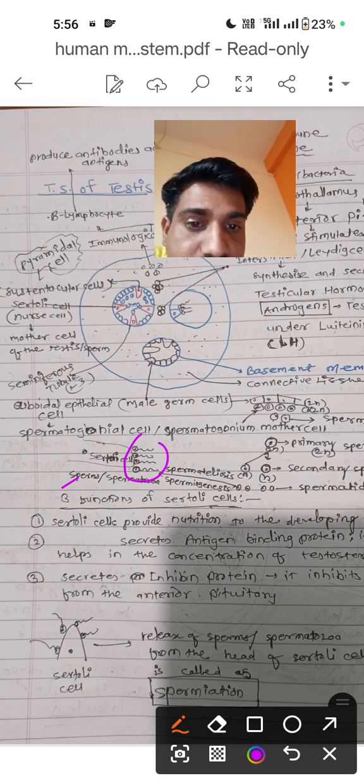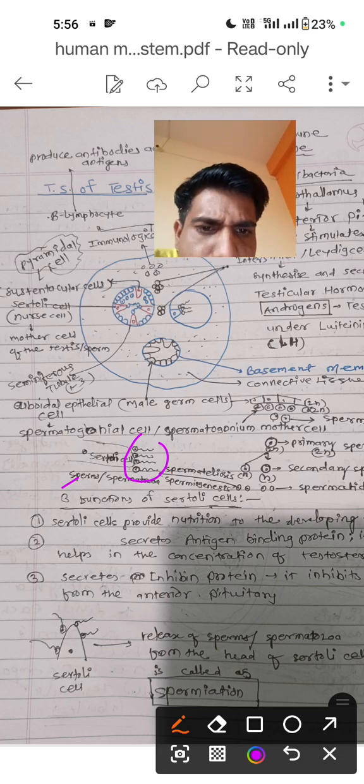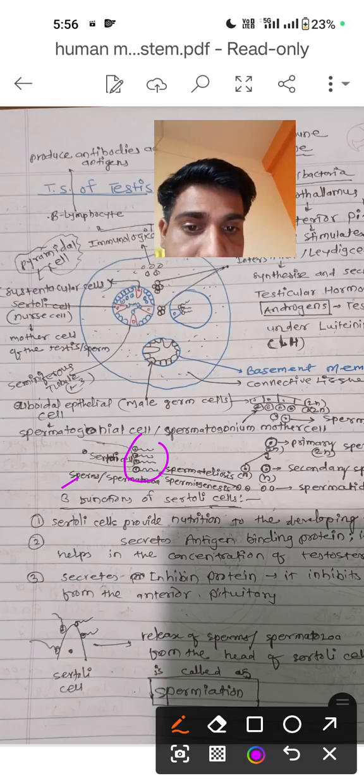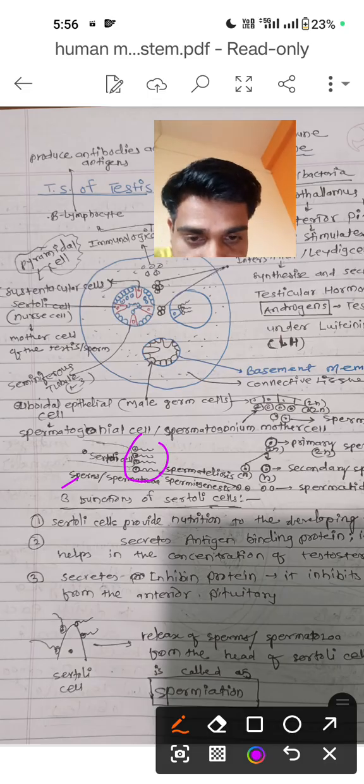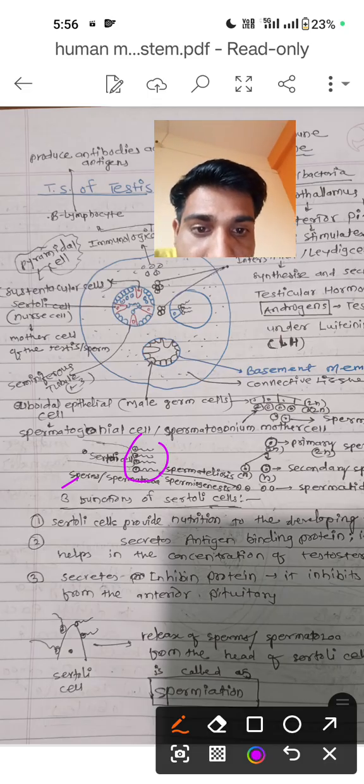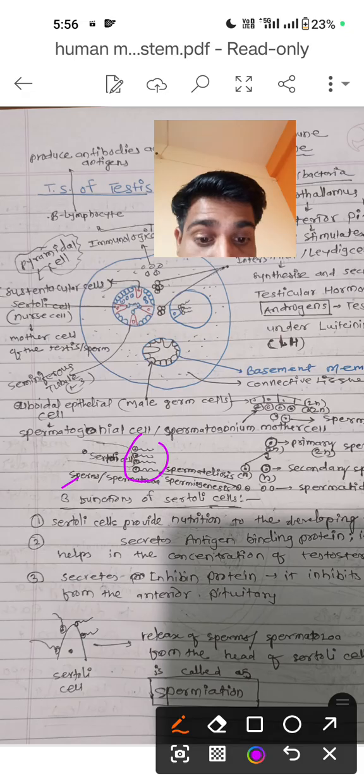This process is known as spermiogenesis, the formation of sperms from the spermatids. There is another term known as spermiation.